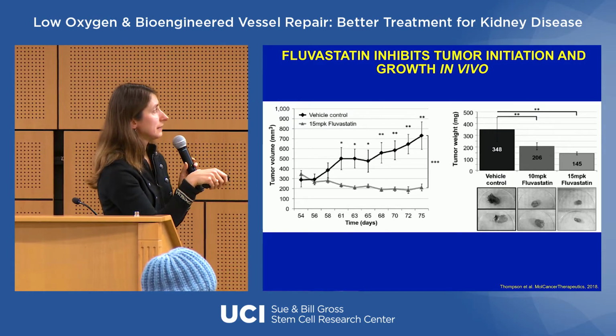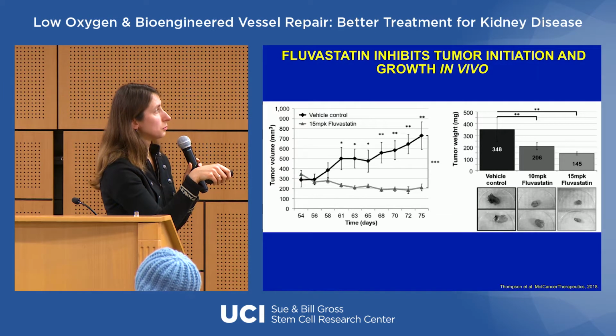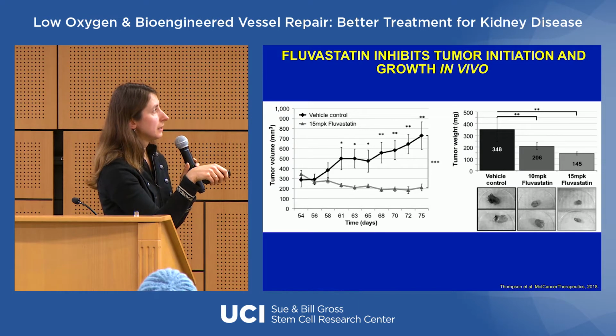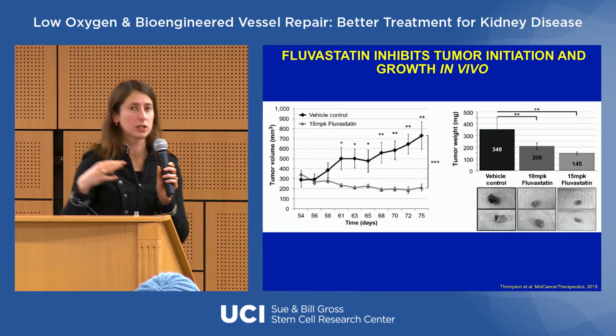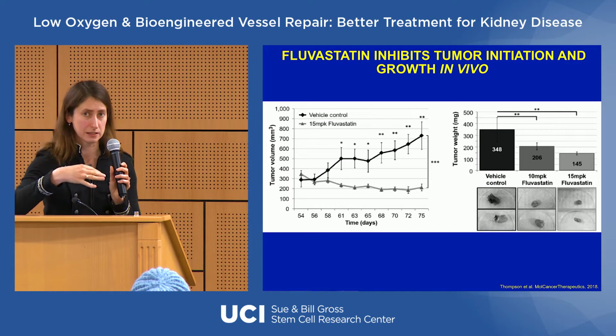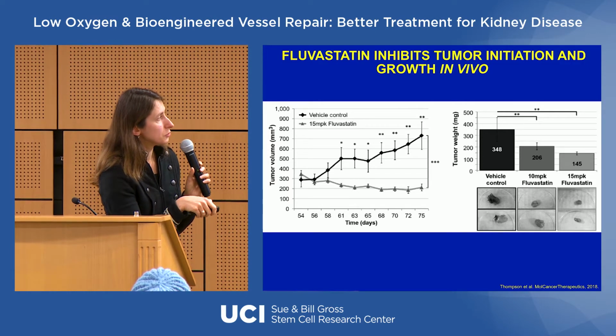So here we started from the tumor volume, 300 millimeters square. Then if we use the control, just the saline, then the tumor steadily grows. And if we administer fluvastatin to mice, then the tumor actually even regresses, the tumor volume drops.